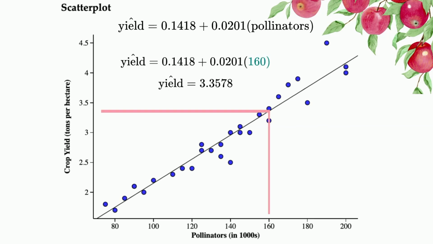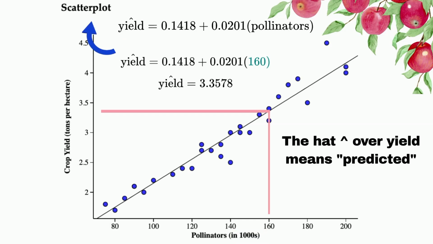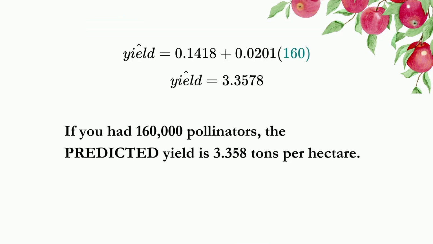For example, if we want to predict the crop yield if we have 160,000 pollinators, we can use our equation. When we substitute in 160 for the number of pollinators, we get a predicted yield of 3.358 tons per hectare. Remember that AP Statistics graders will definitely care that you write predicted yield.